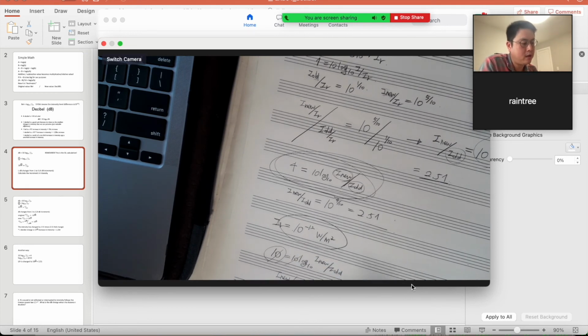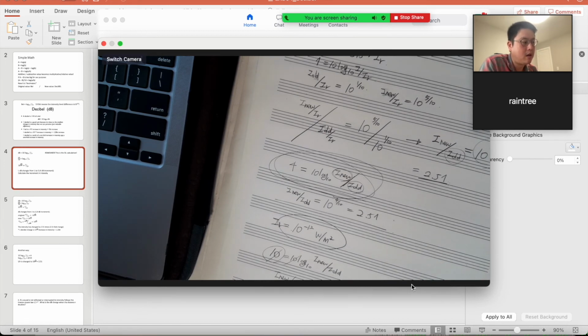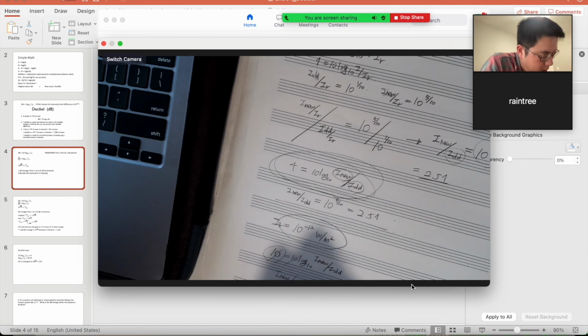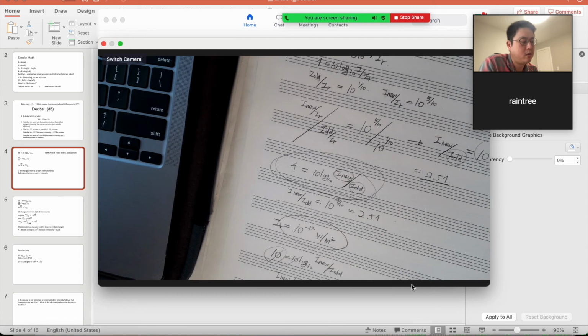So by increasing the decibel by 10, it becomes 10 times larger than the old sound intensity level. If it is 2, then it becomes 10 to the 1 over 5 times larger than the old sound intensity level.